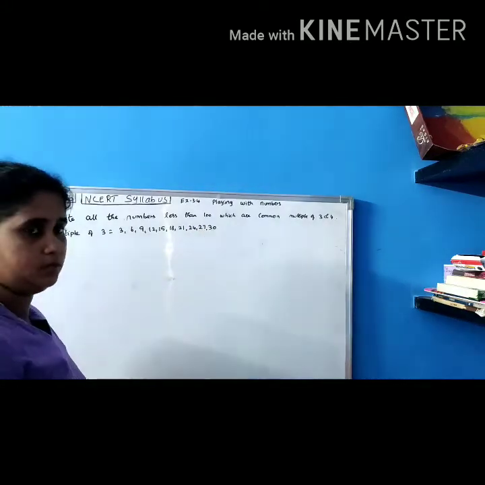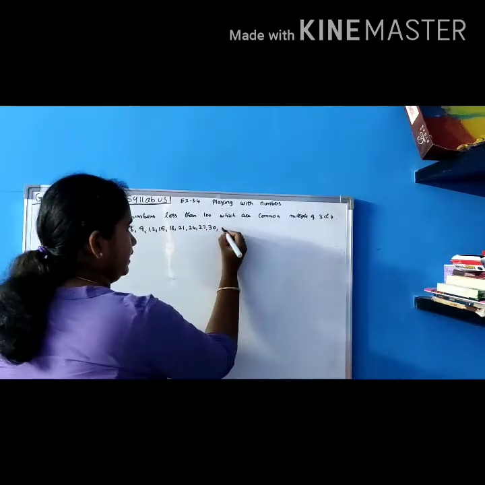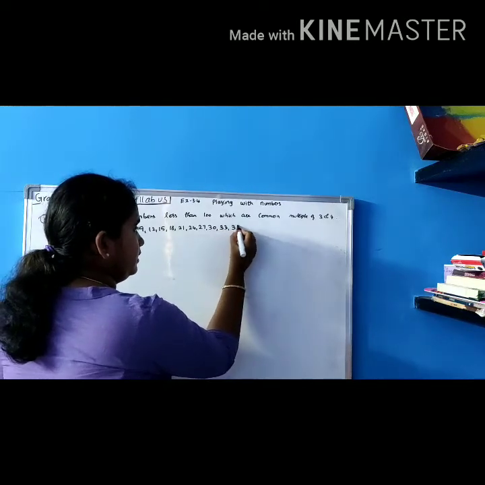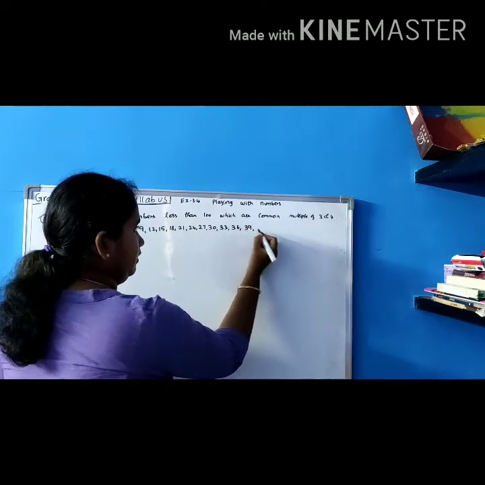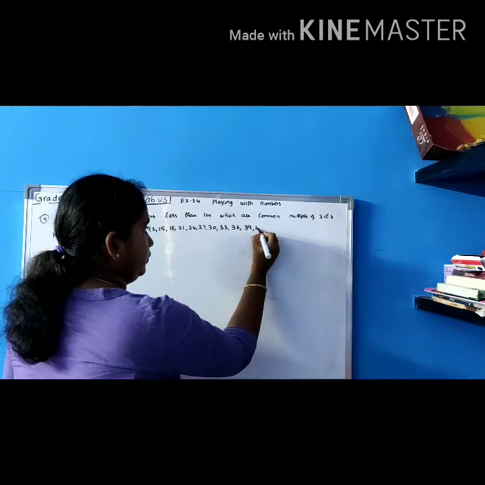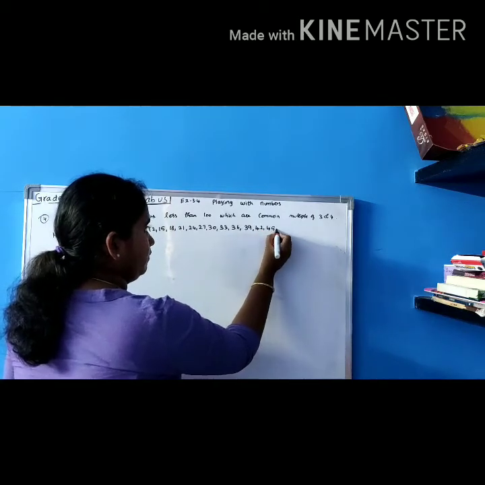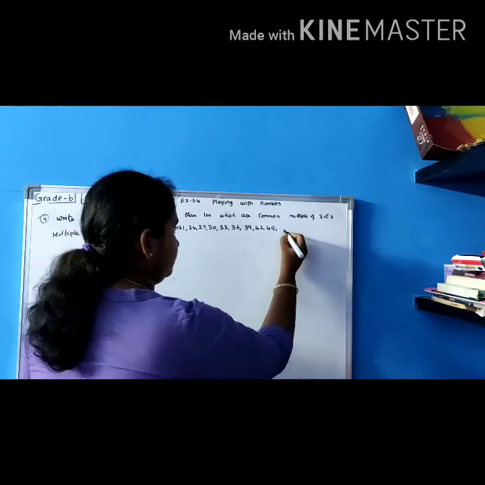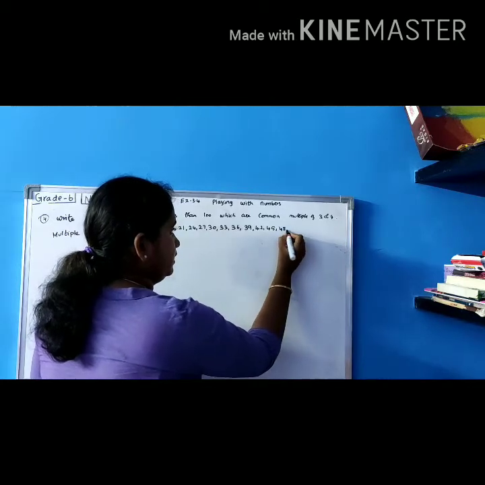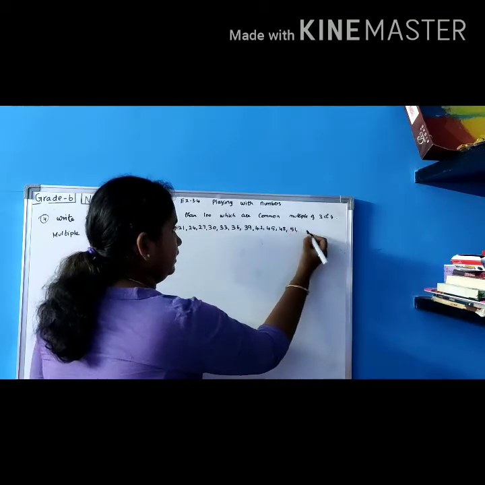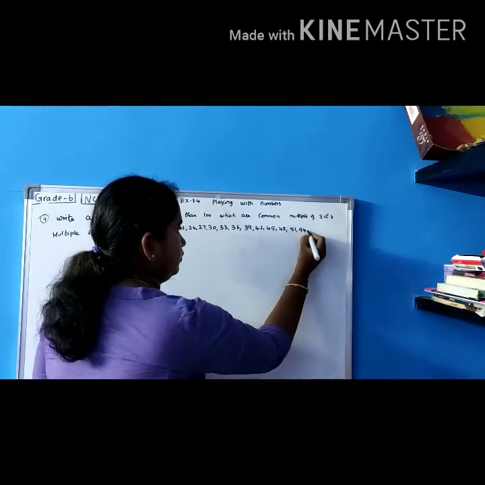So up to 10 it is over. Now you add 3 and write 33, 36, 39, 42, 45, 48, 51, 54.